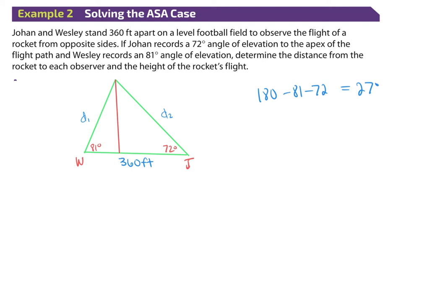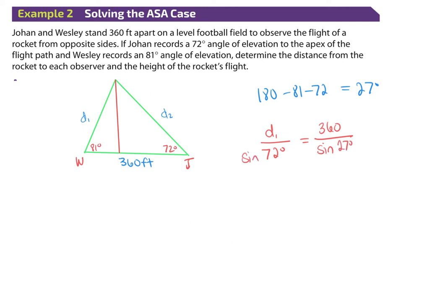So I would say then the distance 1 here, across from Johann, over the sine of 72 degrees will equal the 360 over the sine of 27 degrees.